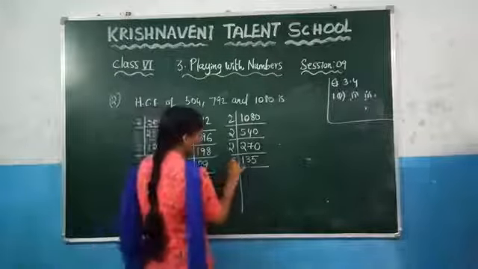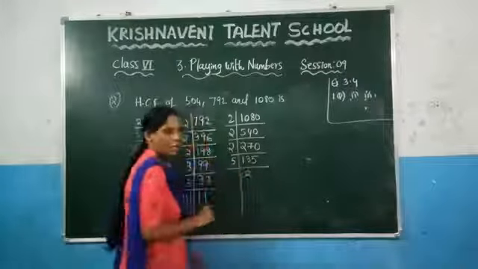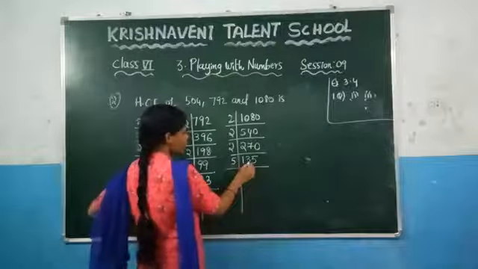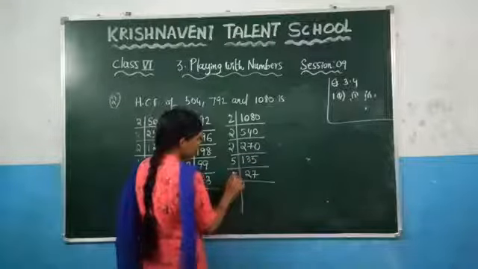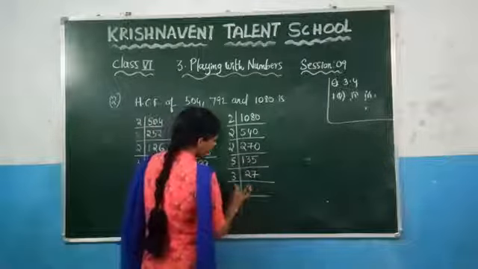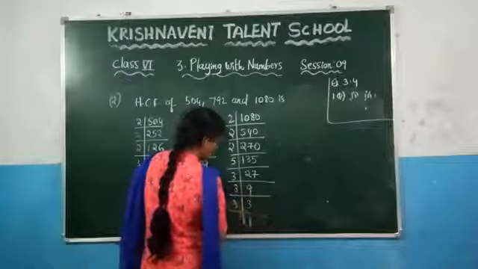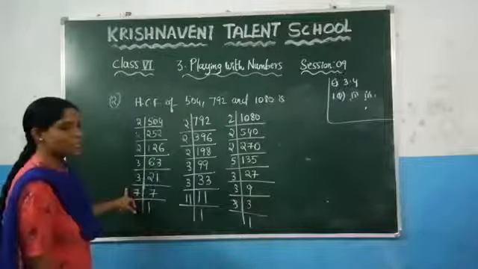It is divisible by 5, and after that 5 2s are 10. Right? How much will be remaining here? 7. And here 5 2s are 10, 3 will be remaining, 5 7s are 35. And after that here 3 9s are 27, 3 3s are 9, 3 1s are 3. Now you can observe that we have written all the given numbers as a product of the prime factors.